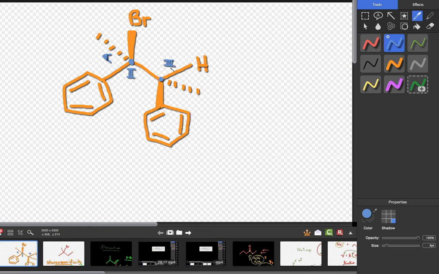We're simply going to look down this bond and draw the appropriate Newman projection. So this is our front carbon. The phenyl group is going to come straight down. The bromine will go up and to the right. The methyl group will go up and to the left.